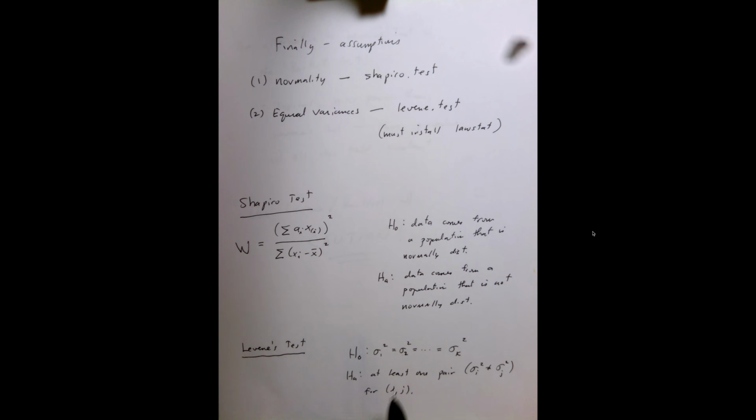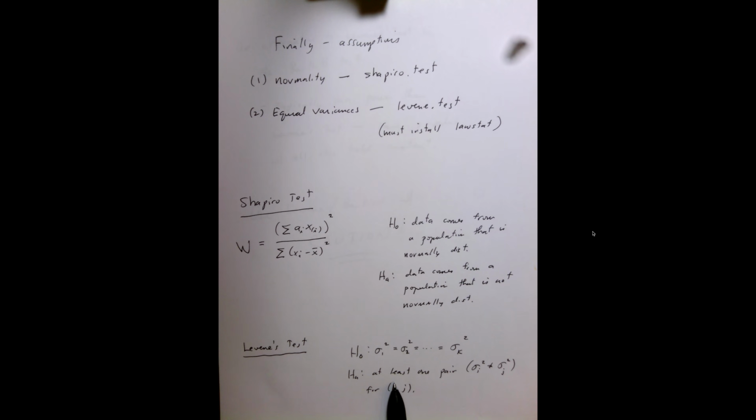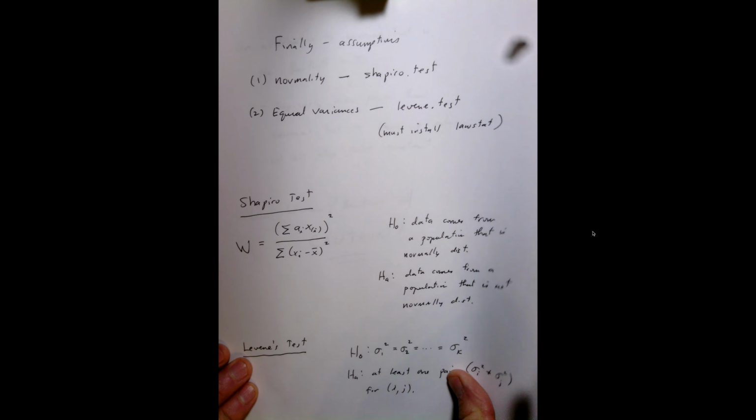Specific to this video, we just have 2. So the alternative would be that the variances are not equal, but in general, at least one pair of the variances for some i, j are not equal.